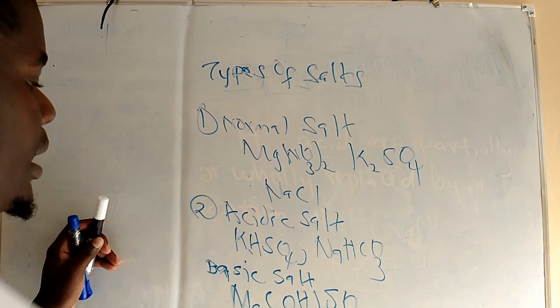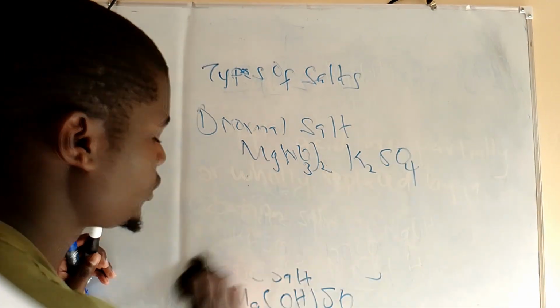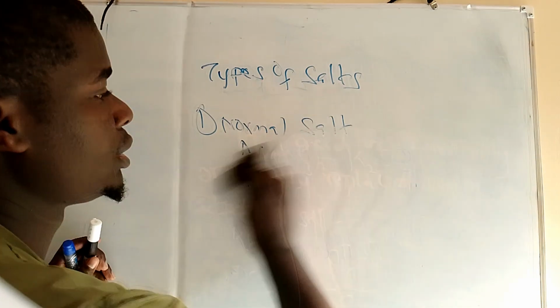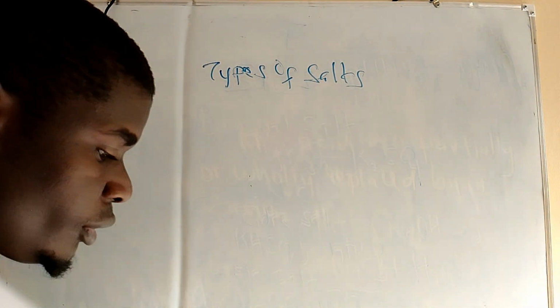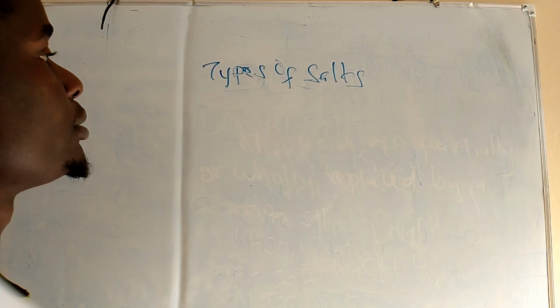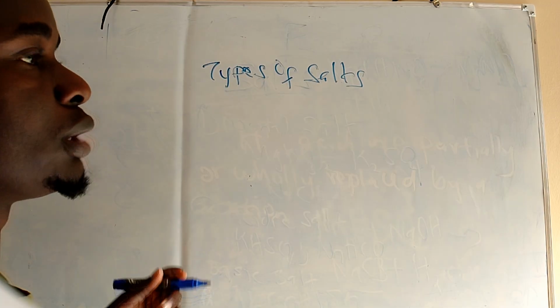And then the last one is a double salt. A double salt can contain either 2 cations or 2 anions.